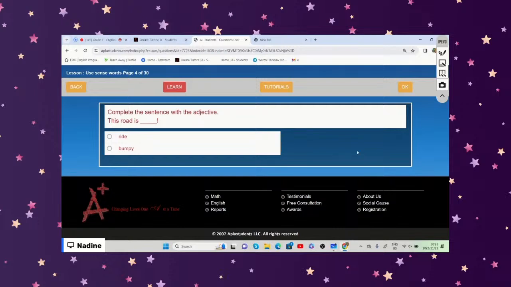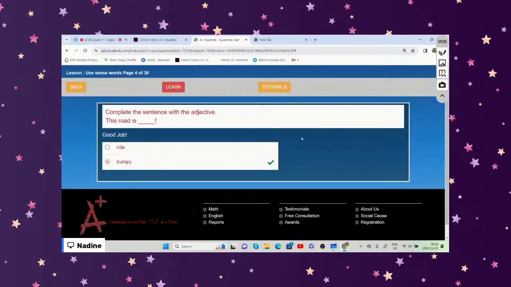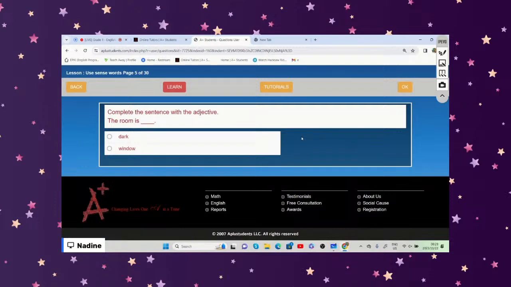And we can say that this road is bumpy, right? Because we can't say the road is ride. We need to ride on this bumpy road.